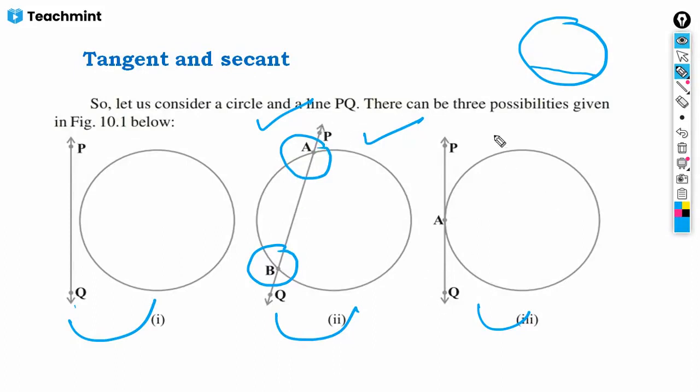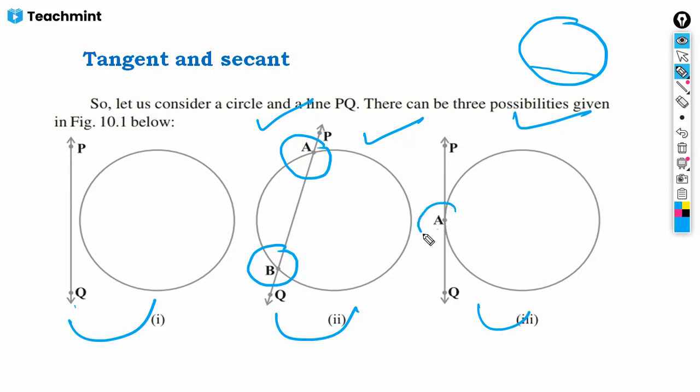Okay, what can you observe in case number 3? The line is joined, attached to the circle. In the mathematical way, what we are saying for case number 3 is that it is touching a point on the circle.